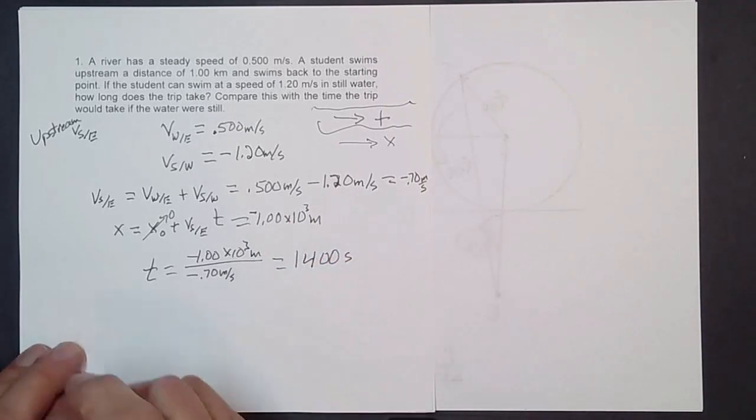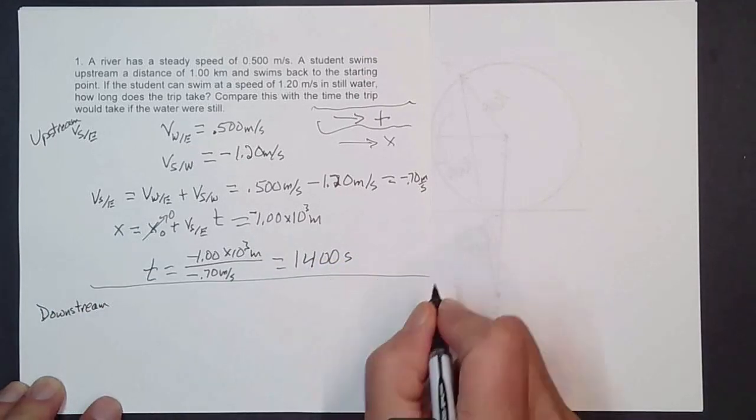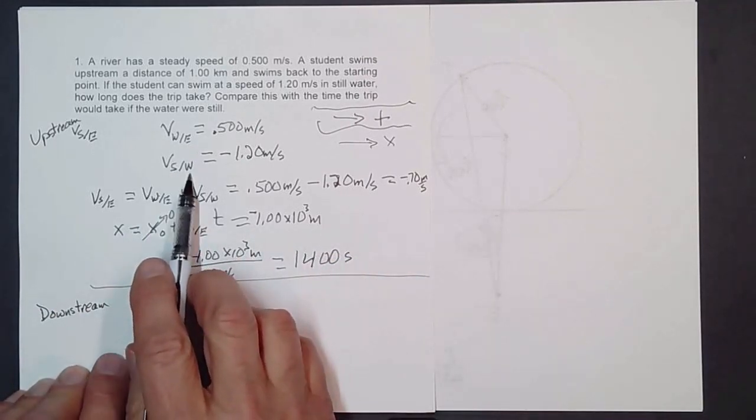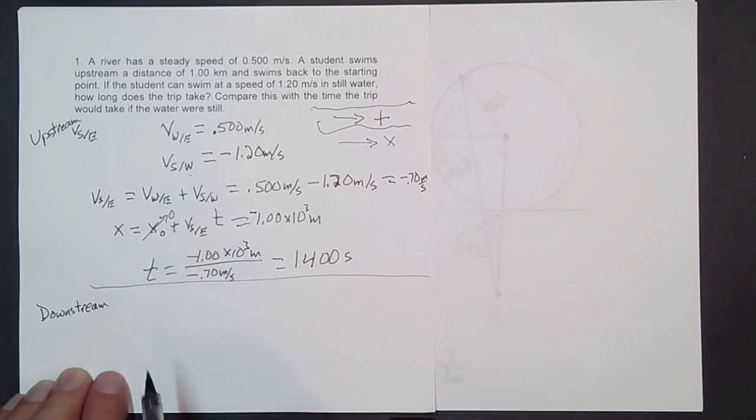Now, going downstream, pretty much everything stays the same except the velocity of the swimmer with respect to the water is positive here.